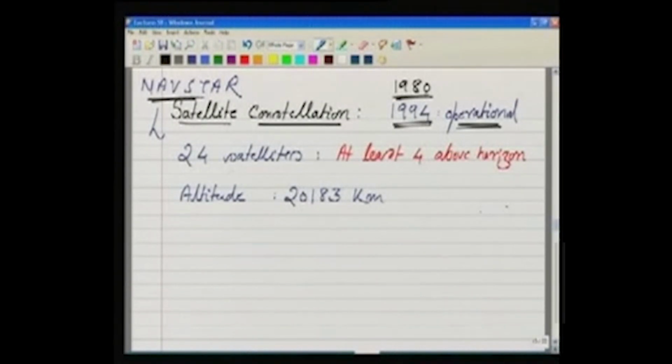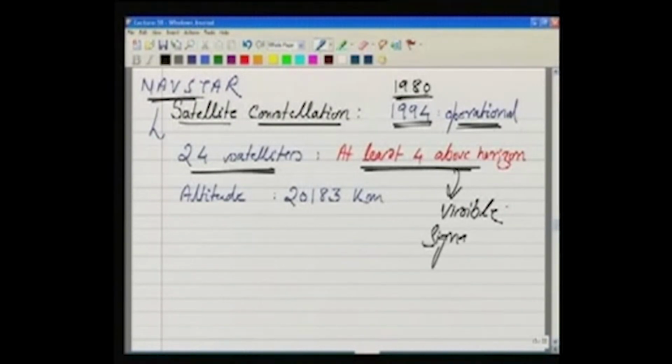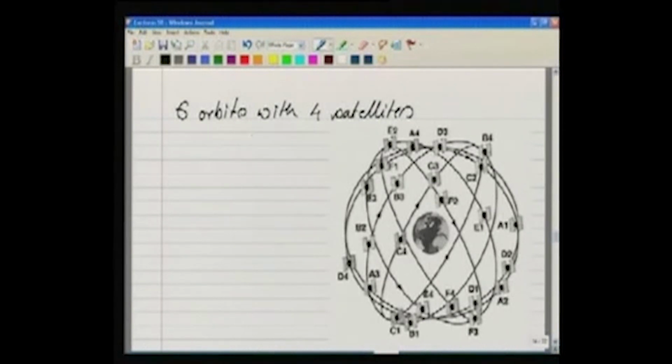The principle is that we should have some 24 satellites, so that at least 4 are above the horizon, meaning they are visible. Visible means we receive signal from these satellites, and these satellites are put at an altitude of 20,183. Now, here is the orbit and satellite positions. These satellites are put in 6 orbits with 4 satellites in each.